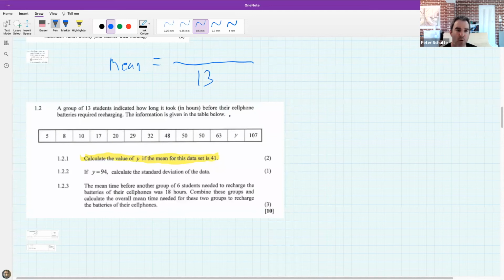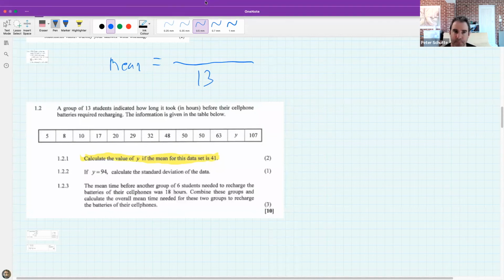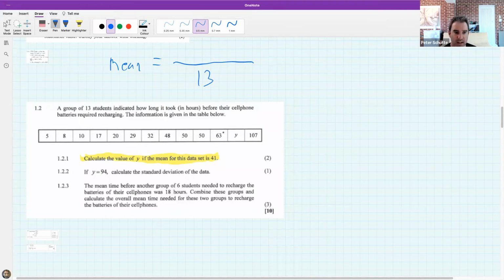If I add up all of these numbers, what do you get? Obviously, you can't add the y, but what do you get if you add up all of these numbers? Yes, Faith. So if I was adding up everything, 439 plus y would be the sum.